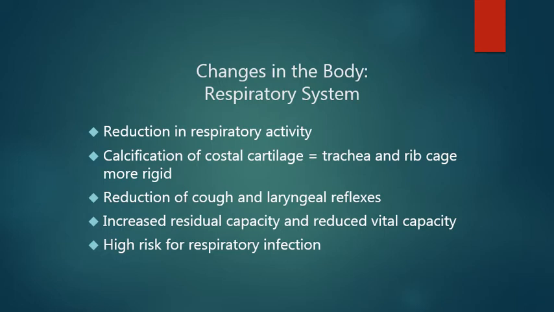That means that motion is less flexible, more tight, and they cannot clear those exposures, be it air, the particles, the dust, the bacteria. They have a reduction of cough and laryngeal reflexes.